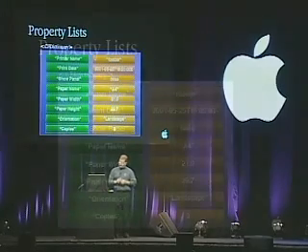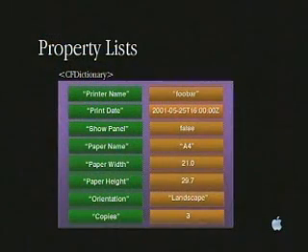Property lists are also often simply a useful way of modeling information in an application. For example, a property list could describe a print job, and a print server might keep a CF array as a queue of print jobs that need to be serviced. Here we have just a few of the properties of a fictitious print job.